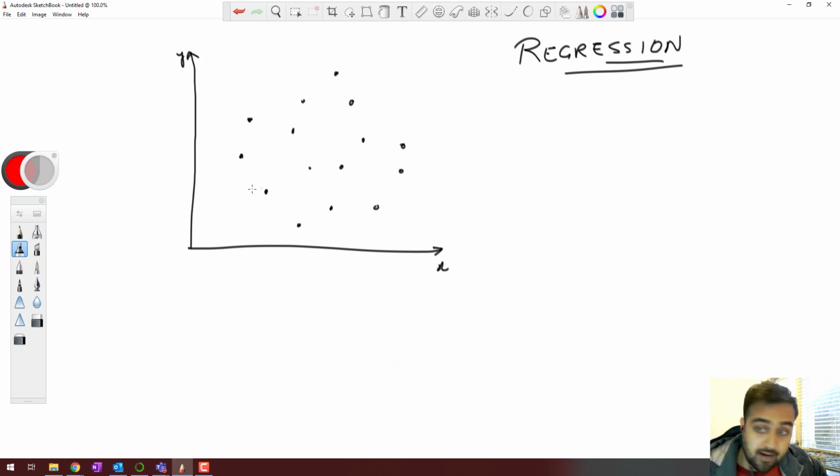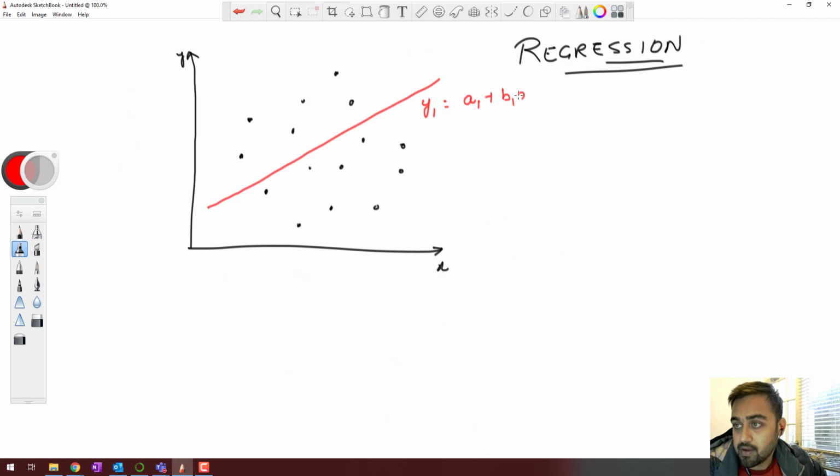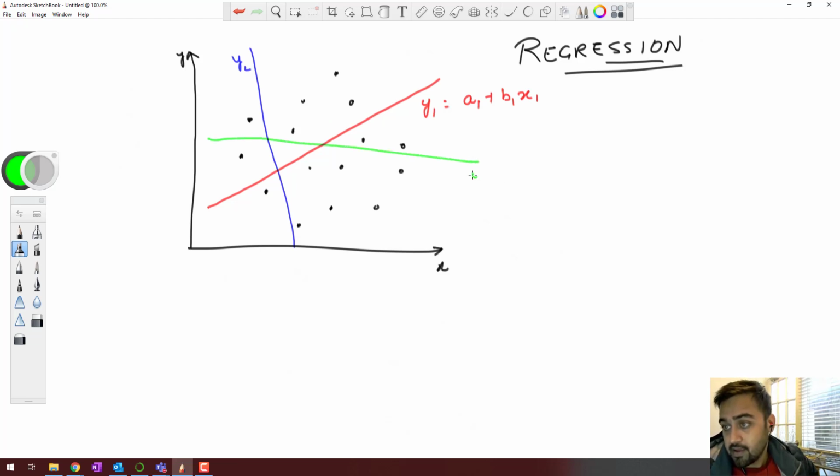Let's say, okay, there can be many lines, right? Let's say there is this one, let's call this y1, which is defined by a1 plus b1 x1, right? Let's say there is this line y2, then there's this line y3.